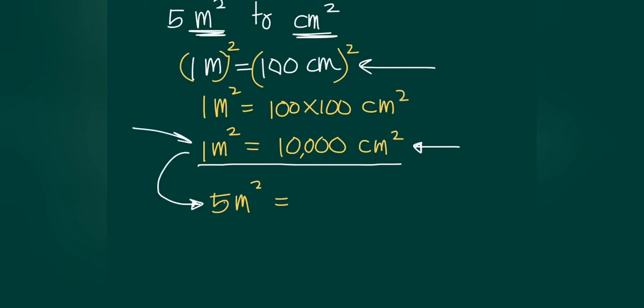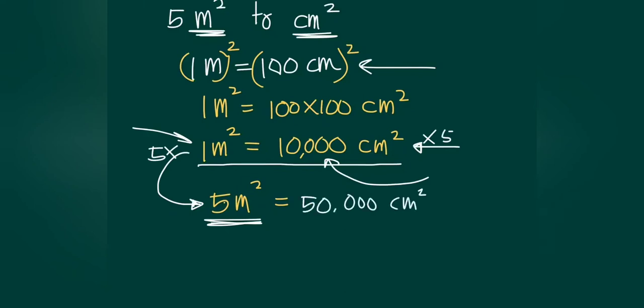So that simply means 5 m squared is equivalent to 5 times 10,000 cm squared, right? 5 times 10,000 is 50,000 cm squared. So that's how you convert. As long as you know the equivalent values for meters to centimeters, you can always find the conversion from m squared to cm squared.